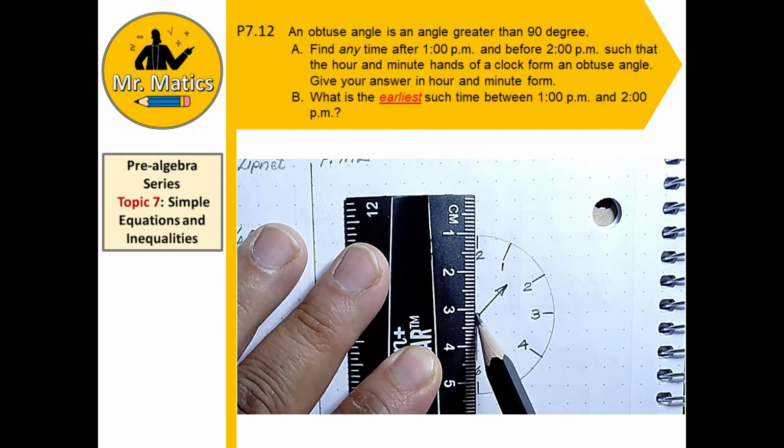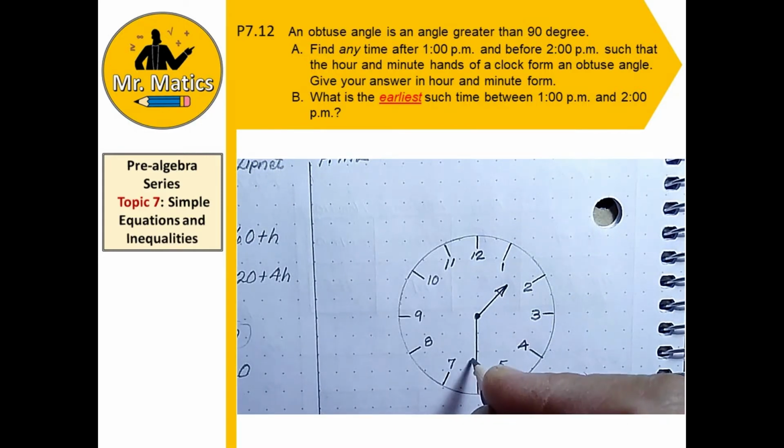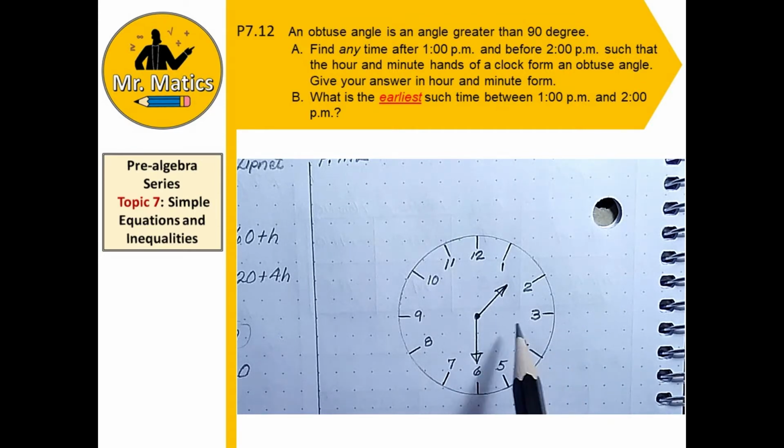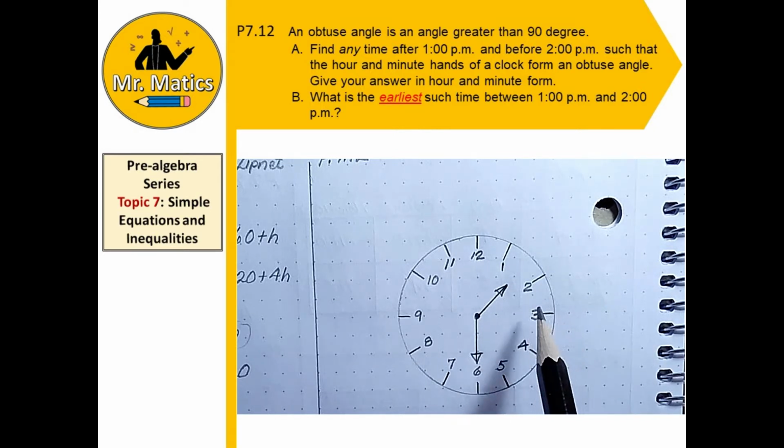So let's draw this. This is your hour hand. And we can see that this is more than 90 degrees, so that is an obtuse angle. Why can we see that? Because by mathematics also we can explain that. How many divisions are there in this total 360 degrees of the dial?